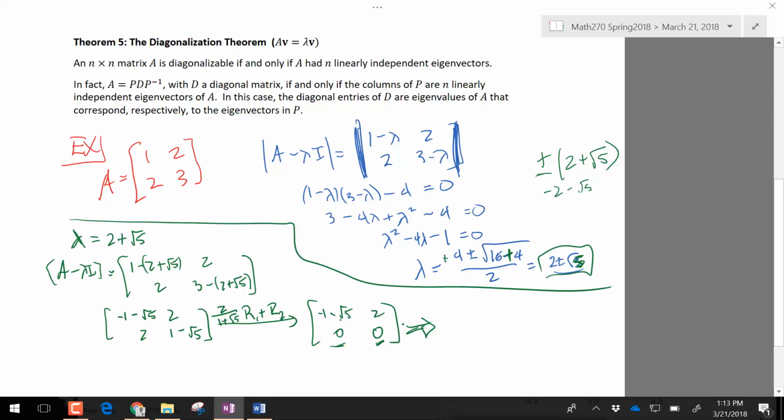And the solutions for this would be x2 would be free. And so x1 would equal negative 2 x2 divided by negative 1 minus root 5.